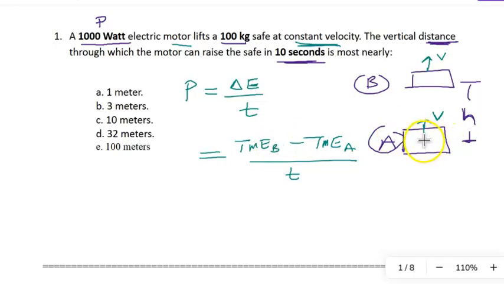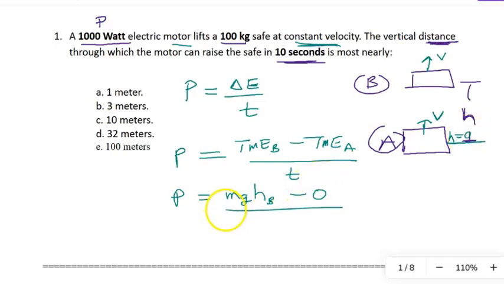But whatever kinetic energy you have at A is the same as at B, so those are going to cancel. So really the power is mgh at B minus the height at A, but let's just call that 0, over time.